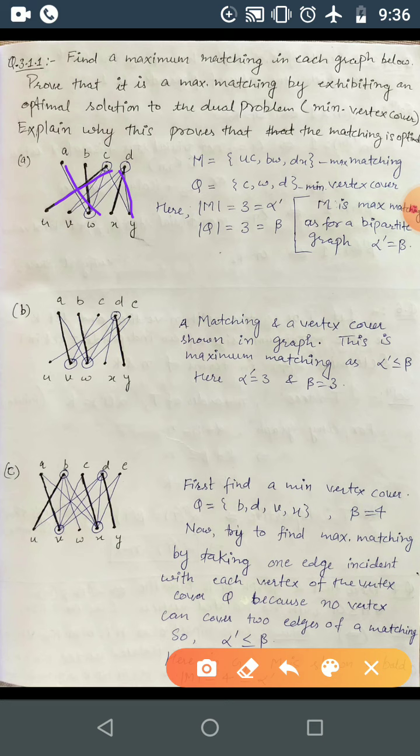So all the maximum matchings will have cardinality 3, and if one maximum matching has cardinality 3, then all should have cardinality 3, correct? So here the maximum matching size is alpha dash. We got alpha dash as 3 and beta as 3, and this is a bipartite graph. So this particular matching is a maximum matching.